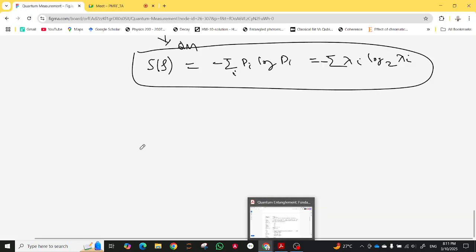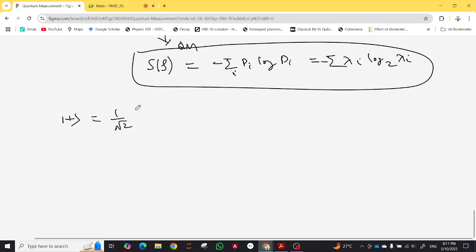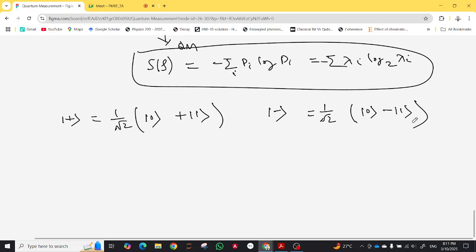The plus state is given by 1 by root 2 (|0> plus |1>), and the minus state is given by 1 by root 2 (|0> minus |1>). These are your two states, okay?